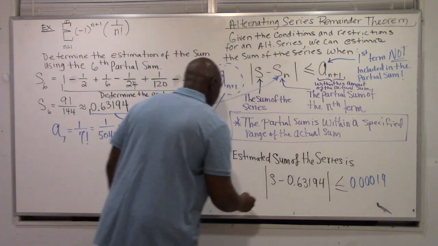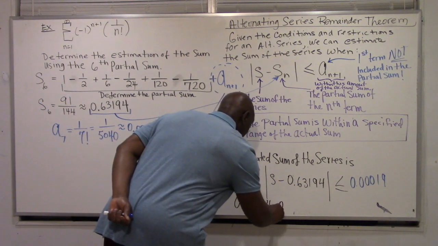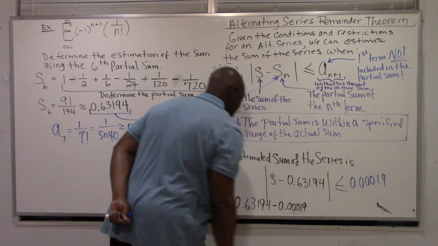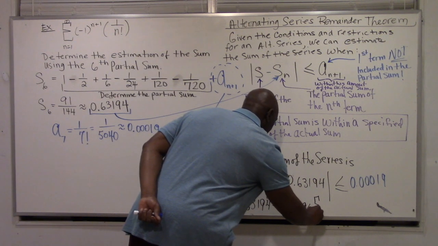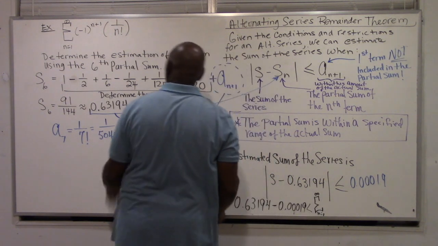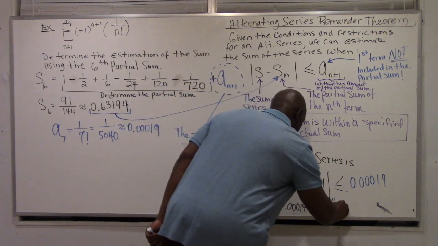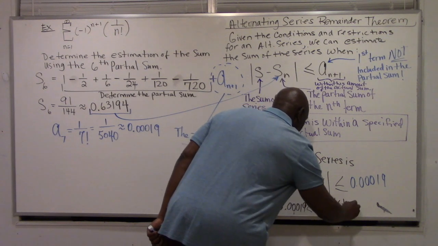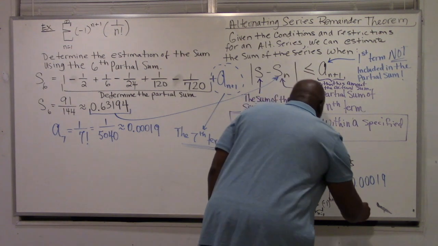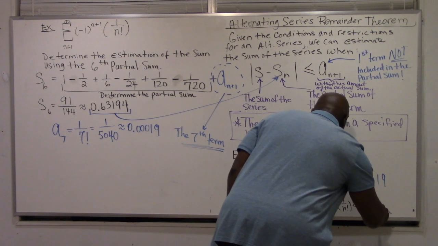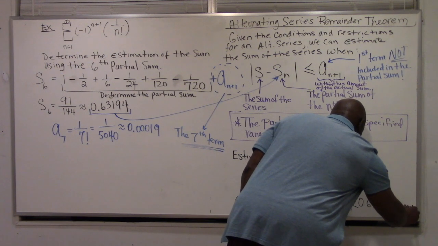In essence, here's another way to write this. Another way to write it is like this: 0.63194 minus 0.00019 is less than the sum of the sequence n equals 1 to infinity of (-1) to the n plus 1 times 1 over n factorial, which is actually less than 0.63194 plus 0.00019.